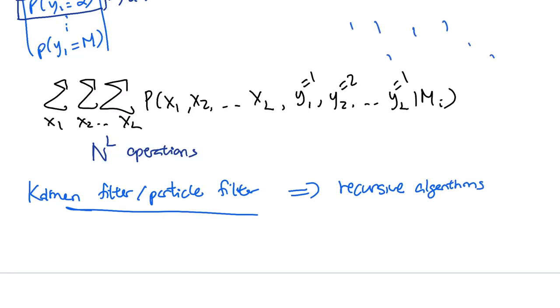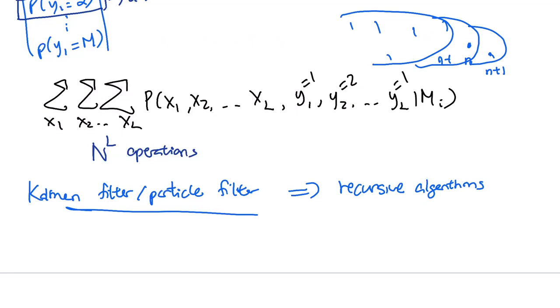What I want to do is take the solution from the previous time, do something to it, and now I have the solution for my current time, and then do something to this to update to my solution for the next time. That's what a recursive thing is. I don't have to compute everything from scratch like this. I want to be able to keep updating it.